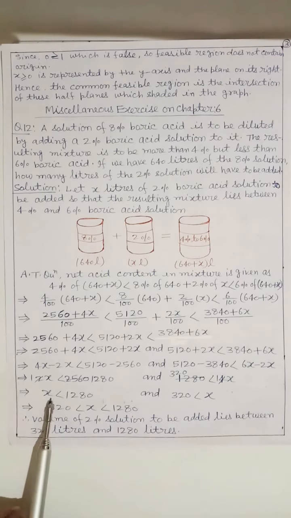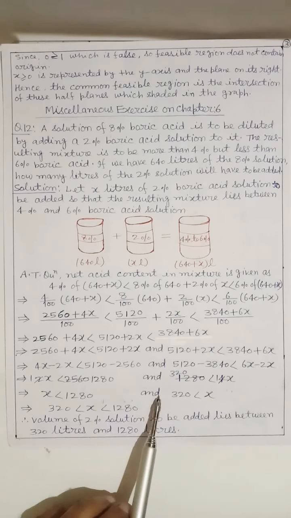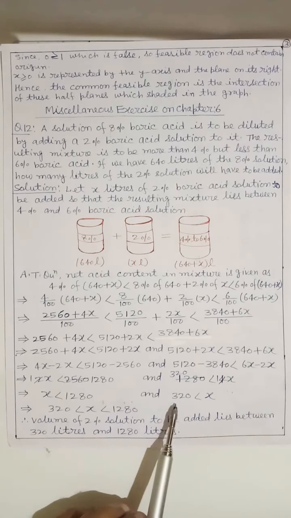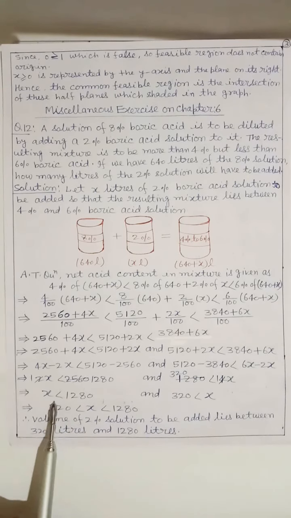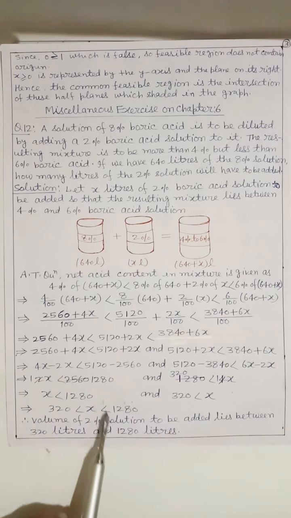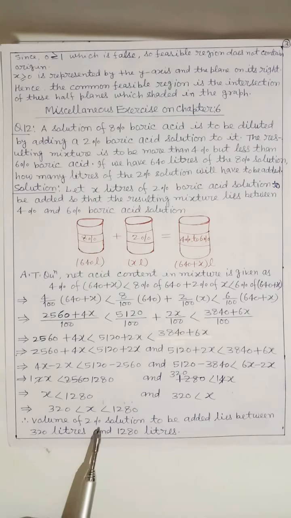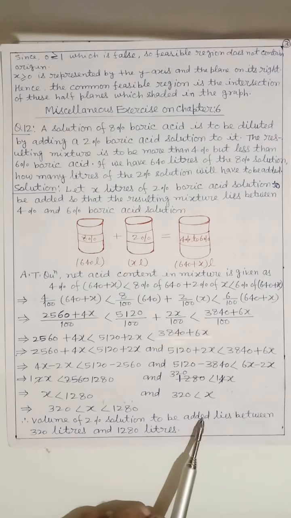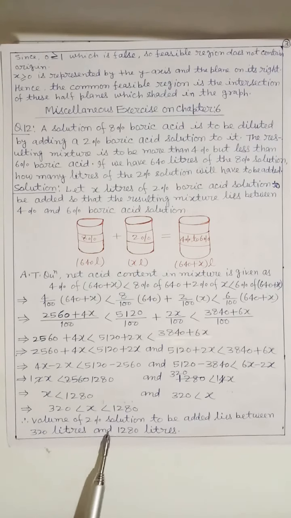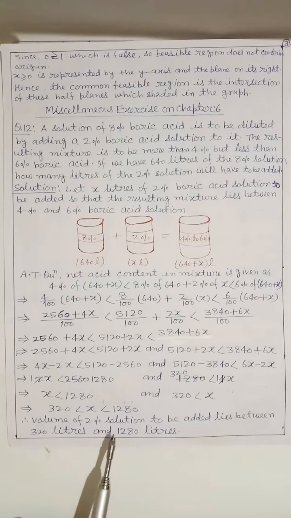Here we get x less than 1280 and 320 less than x, meaning x greater than 320. Combining these two results we get 320 less than x less than 1280. So the volume of 2% solution to be added lies between 320 liters and 1280 liters. This is the answer.